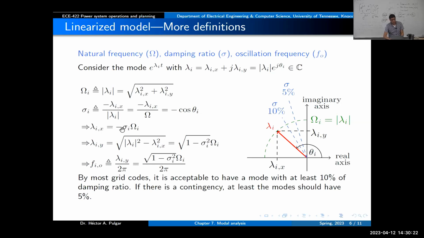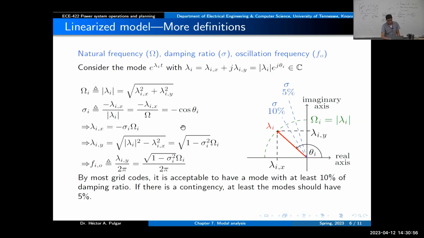Then we have another definition, which is the main aspect of this set of definitions, the damping ratio. Damping ratio is zeta i, because we're dealing with the eigenvalue lambda i. It's going to be the negative of the real part sigma i divided by the magnitude. And when you do that, you get a dimensionless quantity. You can calculate this using the natural frequency in the denominator and get a number.